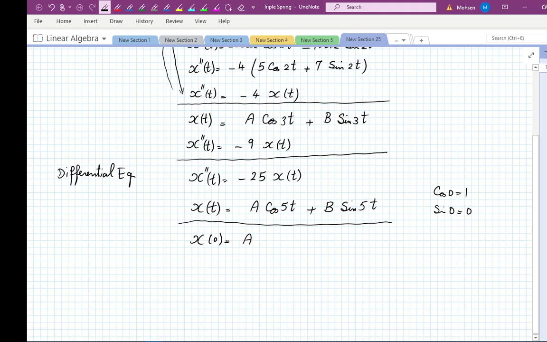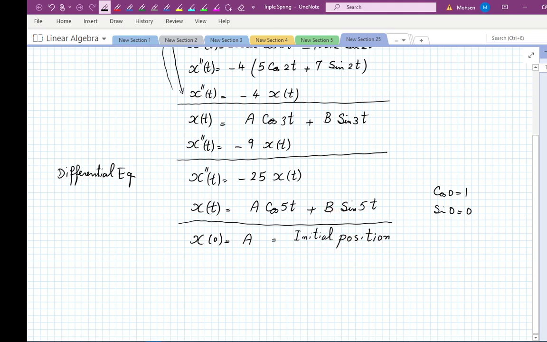So a is x of 0. If you understand x of t as a location at time t, this is going to be location at time 0. What you call location at time 0, you use better wording, you call the initial position. So initial position, as in where something starts, that's x0.